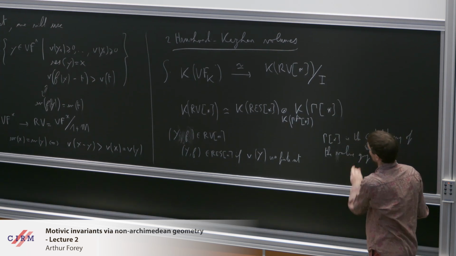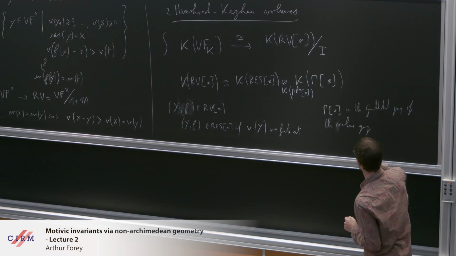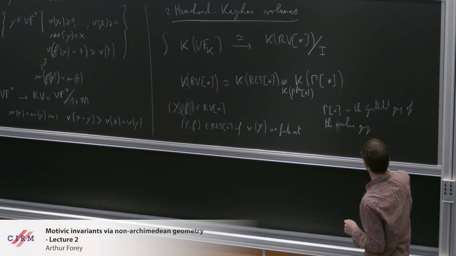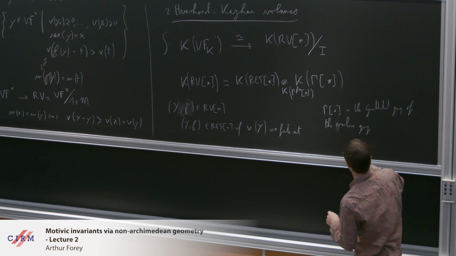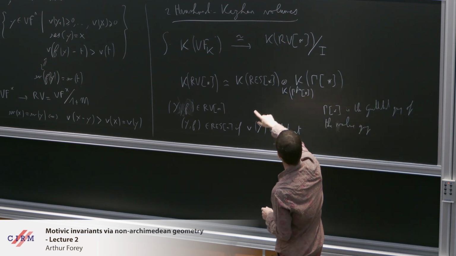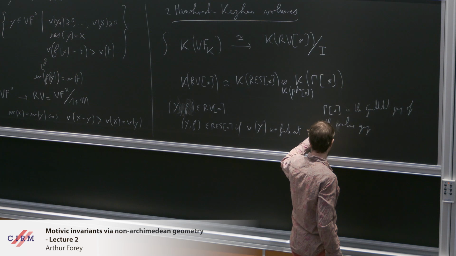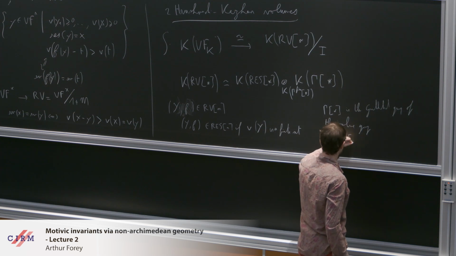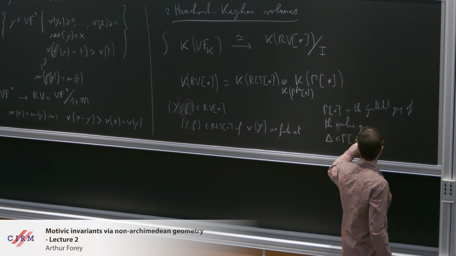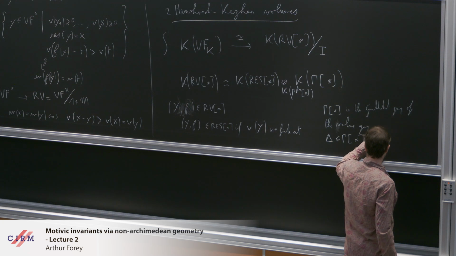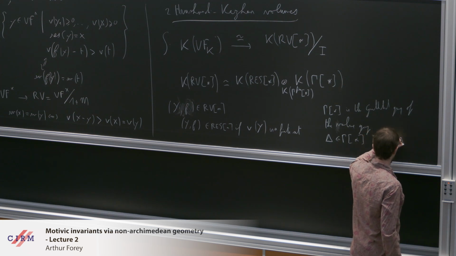There is a subtlety here that I don't want to discuss. How do you relate this with RV? Well, if you have some delta in this group, then you just take the preimage v_RV^{-1} of delta.